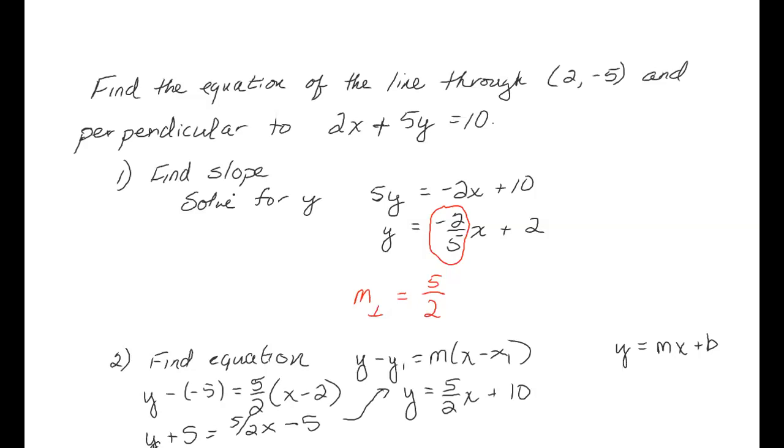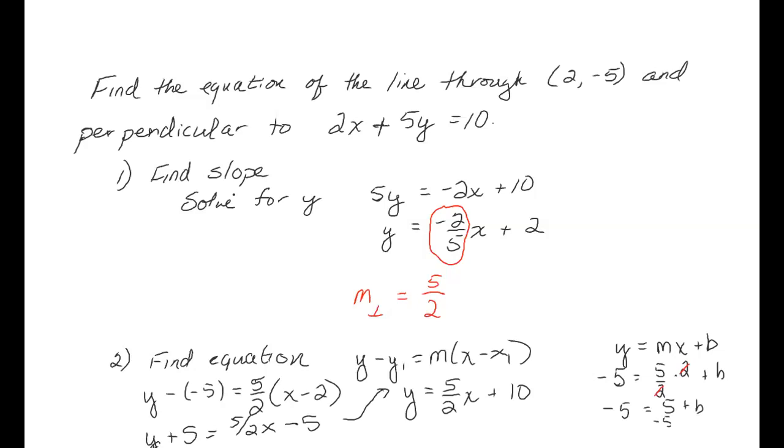So I'm going to plug in my y value, -5, my slope, 5 over 2, and my x value, 2, and solve this equation for b. So I'm going to cancel those 2's.